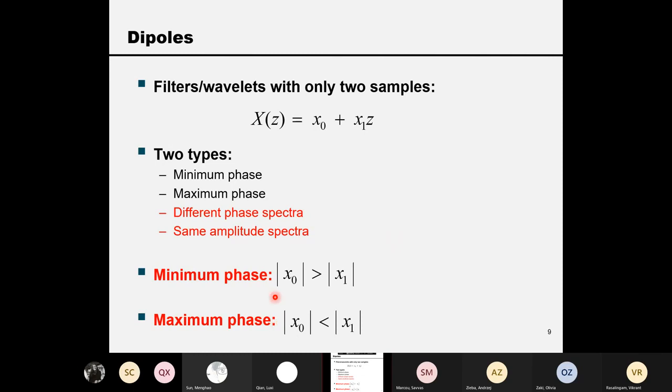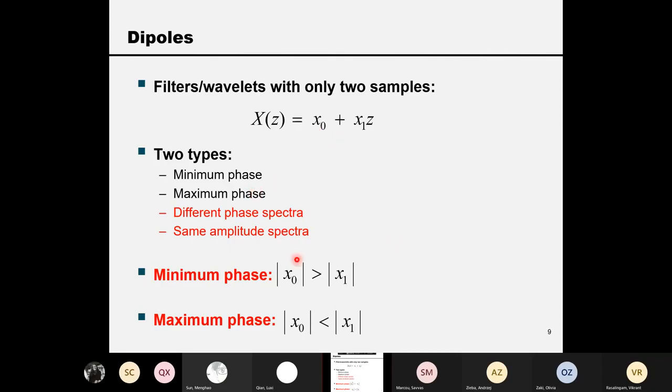If the magnitude of x0 is smaller than the magnitude of x1, this filter is called the maximum phase filter, right? So based on the two samples, we have two types of filters. One is minimum phase, one is maximum phase.